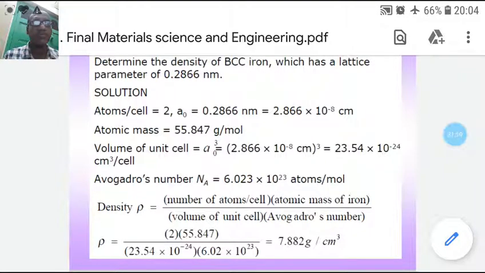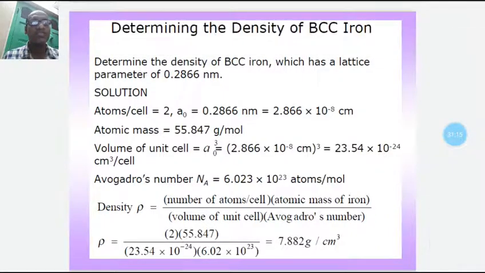So if we calculate this, the rho value, the density of this BCC iron at room temperature, is 7.882 gram per centimeter cube.